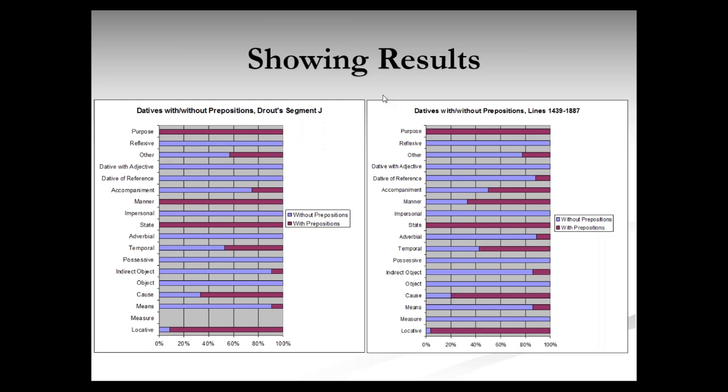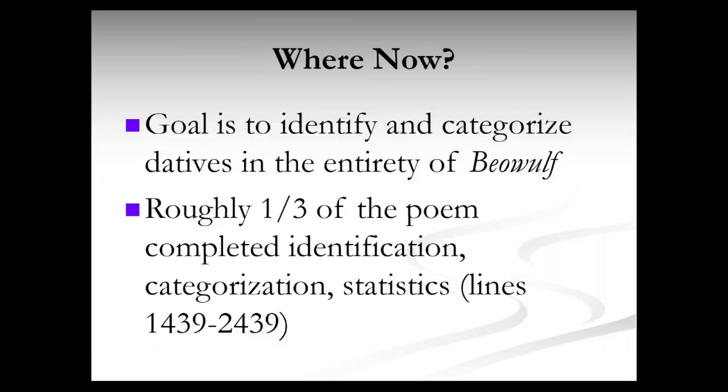The blue bars are the dative uses without the prepositions, and the purple added in is the dative use with prepositions. And you can see that in the larger segment, more of the poem overall, the preposition use is slightly higher. So again, just another interesting way that we can use this kind of tool to look at the data that we do have and that we can glean from the poem.